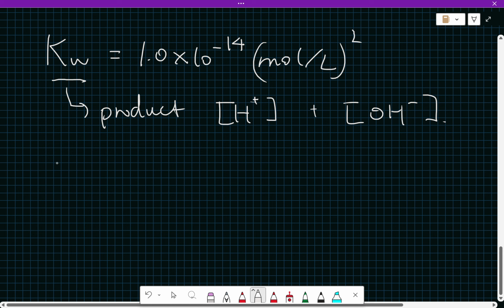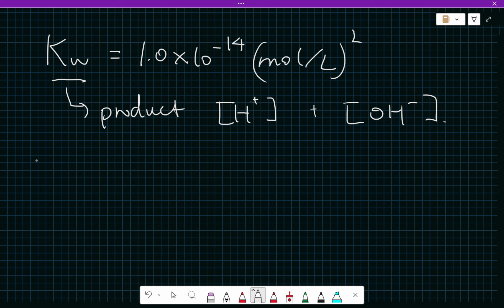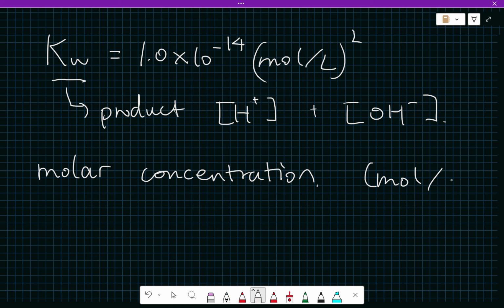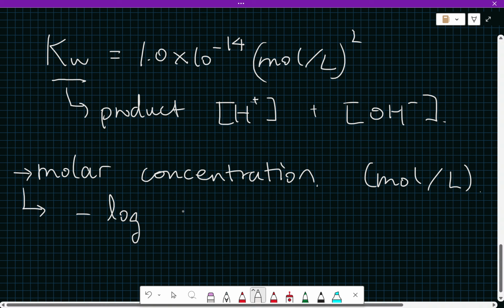So when we're trying to communicate the concentration, we have the molar concentration of an acidic or basic solution. And this molar concentration would be in the unit of mole per liter. And then, in order to find the pH, we would have negative log of our molar concentration.